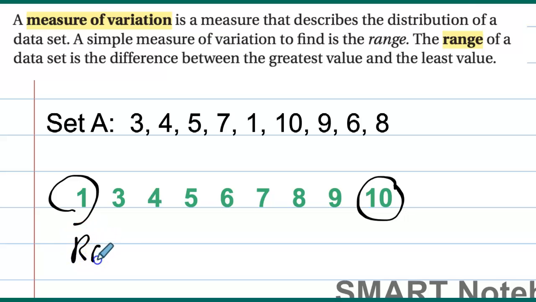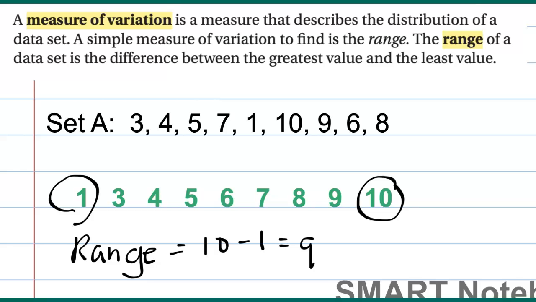So if you're looking for the range, that's just going to be 10 minus 1 equals 9. And the range for this data set is 9. That is one of the measures of variation that we could use to evaluate data later on.